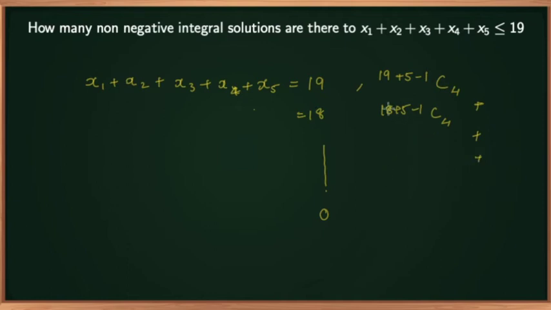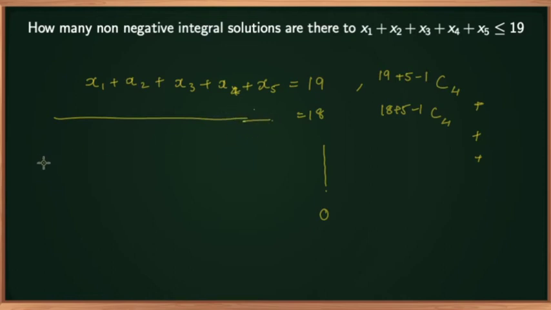That is, we are splitting this problem into the class of problem we have already done, which is equal to a particular number. Now, since they have asked in the question it is less than or equal to 19, which means I can always put the value equal to 18, equal to 17, all combinations I need to take, right? This is one way of solving the problem, but there is even a better way to quickly solve it, okay?